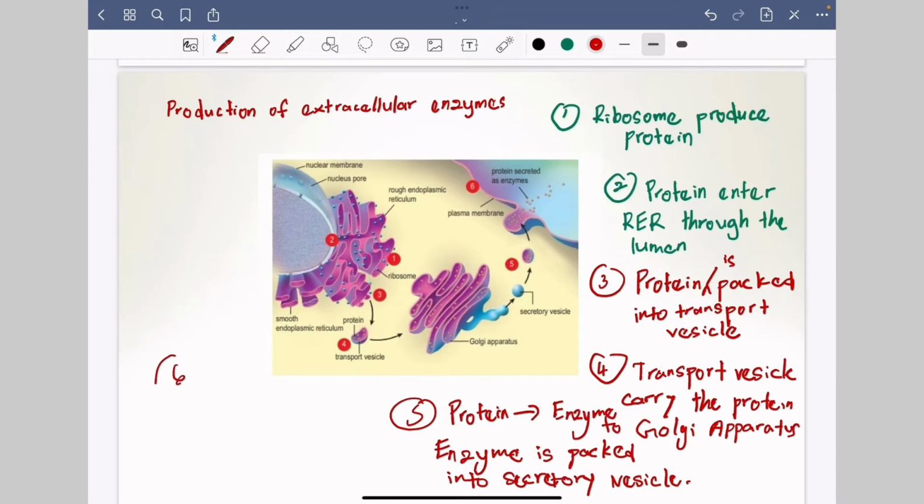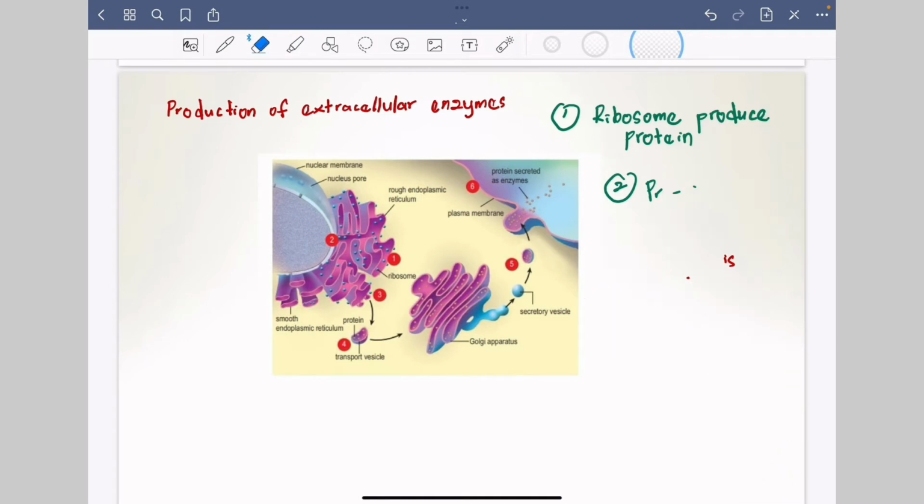And the sixth point, the protein will be secreted outside of the cell. So we can say that the secretory vesicle fuses with the plasma membrane and the enzyme will be secreted outside of the cell. So let's make full sentences.